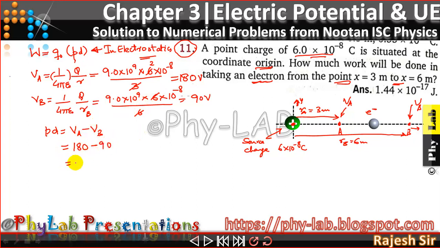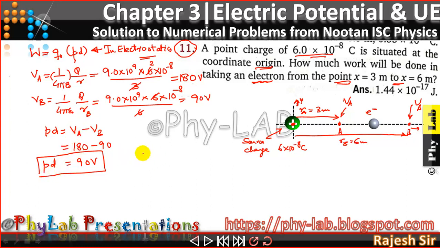So potential difference comes out to be 90 volt, friends. So this is the potential difference between both the points A and B. Friends, this particular problem is one of the favorite problems of the paper setters from CISCE board. So please take care about this particular numerical problem, friends. Now this is what we have got as the potential difference.